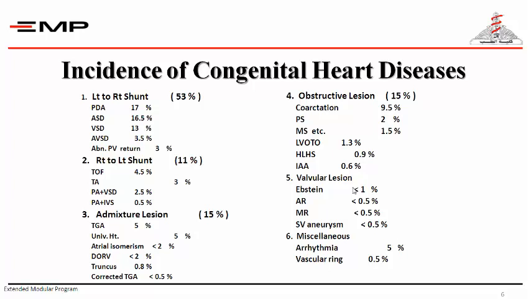The fourth group is obstructive lesions, 15% of the cases, as aortic coarctation, pulmonary stenosis, mitral stenosis, or LVOTO, the left ventricular outflow tract obstructions. The fifth group is congenital valvular lesions, either stenosis or regurgitation, or Ebstein valve, which is a disease of the tricuspid valve, and miscellaneous conditions such as congenital arrhythmias or vascular rings.